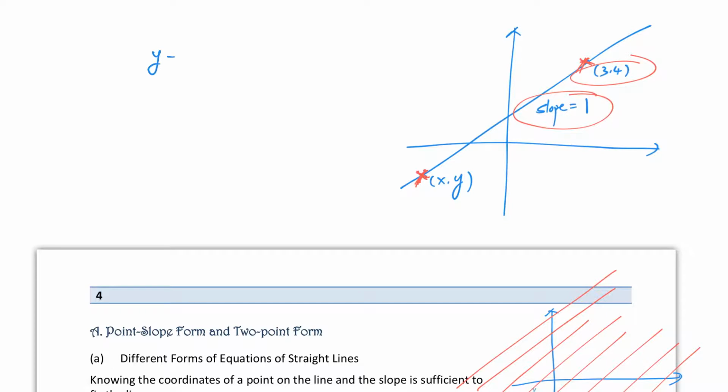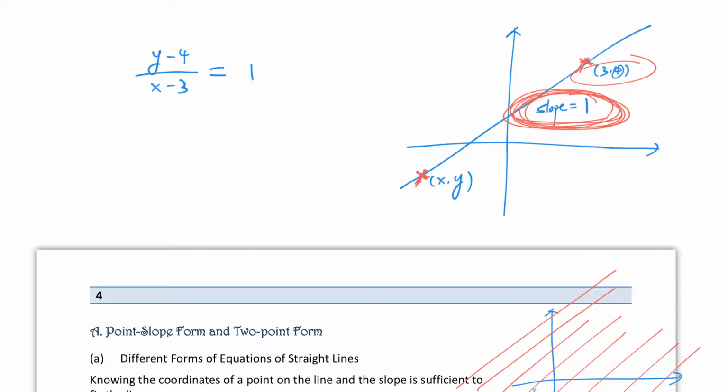By using the slope formula, (y minus 4) over (x minus 3) must be equal to 1.